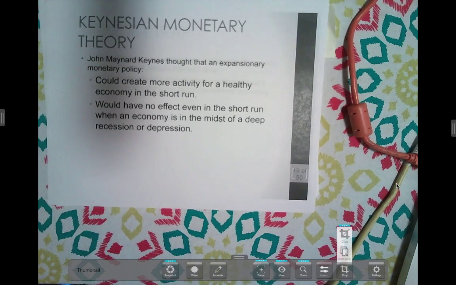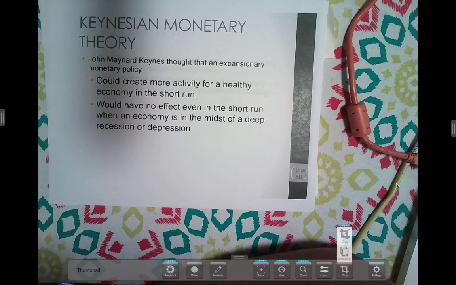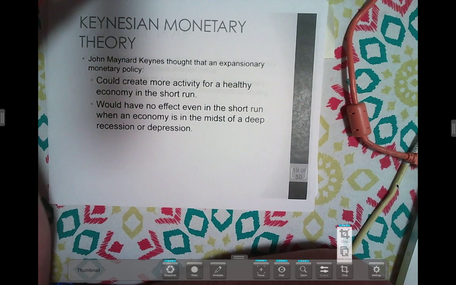Now, where we see this going on a little bit more is with Keynesian theory. So Keynes, born on June 5th, my birthday, he would be the kind of macroeconomist many of you may have known even before you took this course.